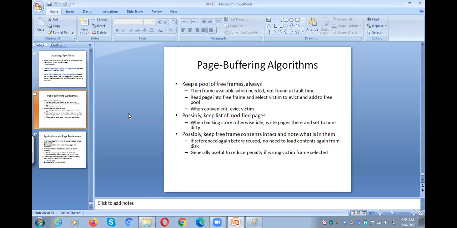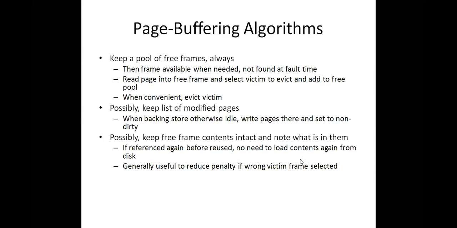So what are the page buffering algorithms? There is a pool of free frames in the main memory, so a frame is available when needed. There is no need to search for one at fault time.